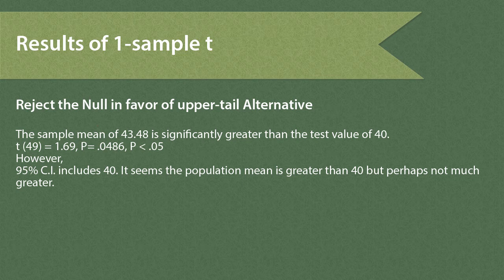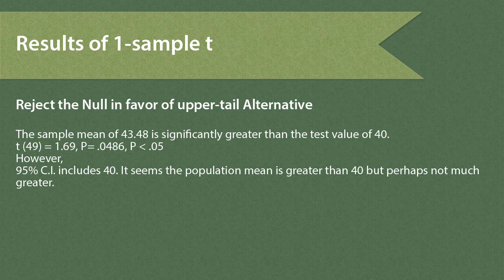Our evidence for that would be written like this. t for 49 degrees of freedom equals 1.69. P equals 0.0486, and p is less than 0.05.